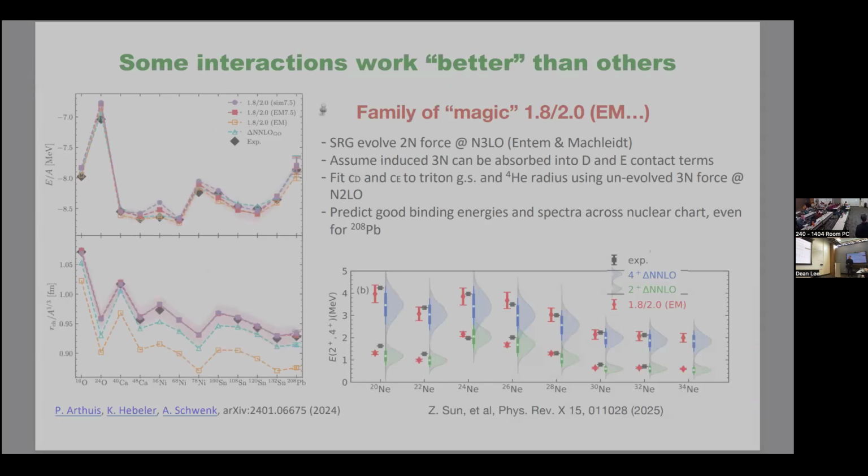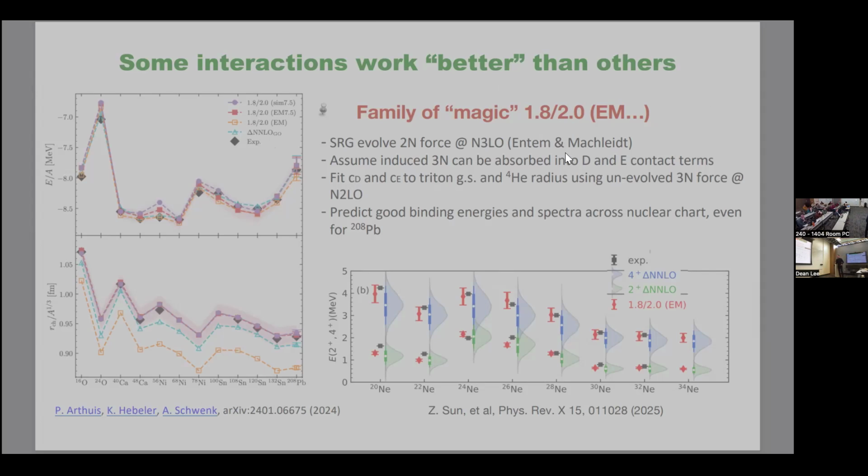So starting with point one, we know that certain interactions work better than others. I'll give you just some examples. You have this family of magic interactions that we heard about that performs extremely well when it comes to computing binding energies and spectra of light, medium-mass, and heavy nuclei.